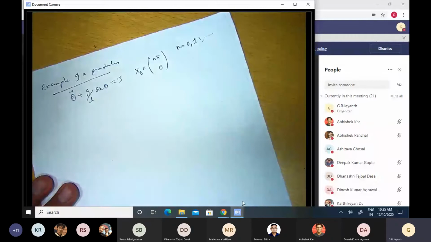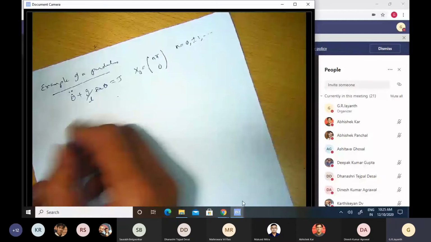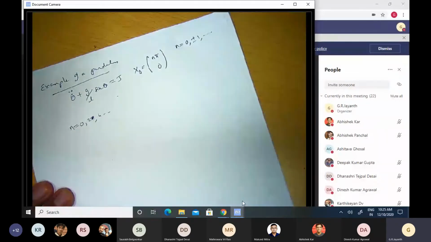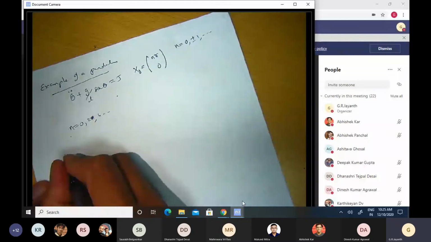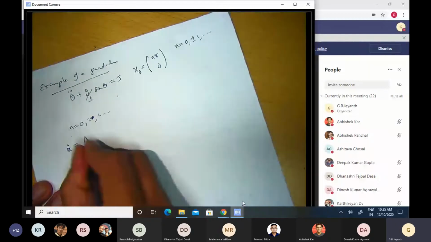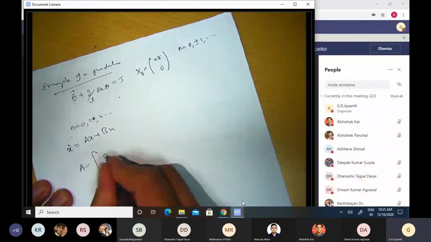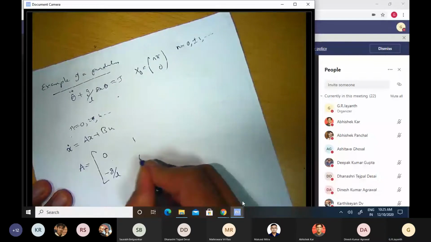Now if we linearize this equation about n equal to 0 or 2 pi or 4 pi or whatever, the even numbered indices, then we saw that we could write x dot is equal to Ax plus Bu, where A was of the kind [0, 1; minus g by L, 0], and B was [0; 1].